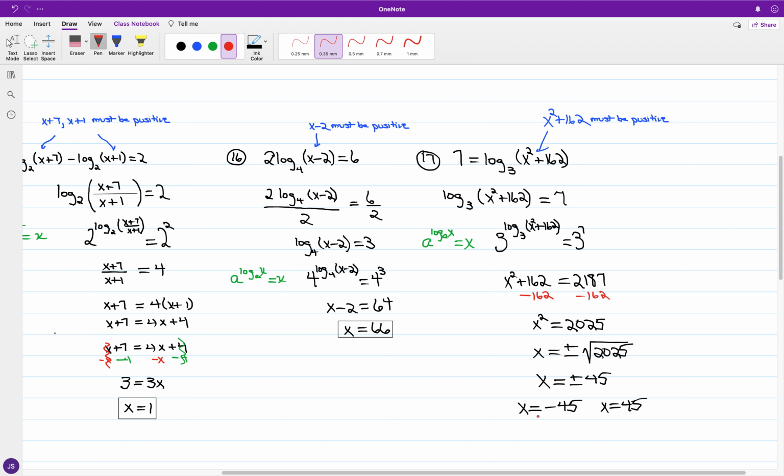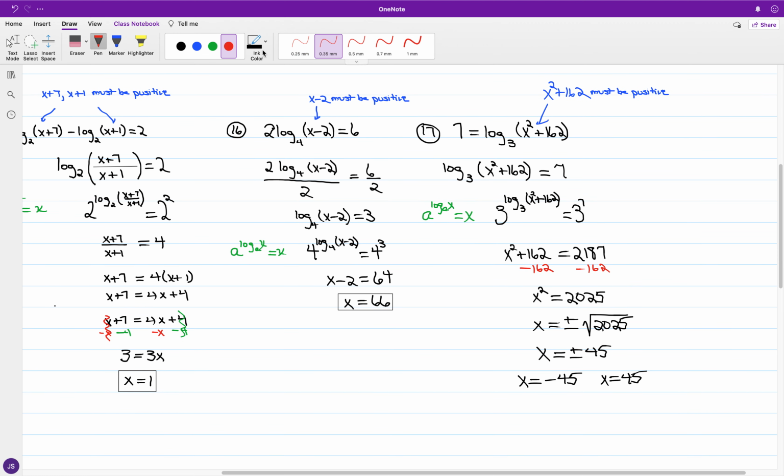So negative 45 fits the bill, and 45 is already positive, so its square plus 162 is also positive. These values check out. So we have two solutions for x in this problem, additive inverses of each other: x equal to negative as well as positive 45.